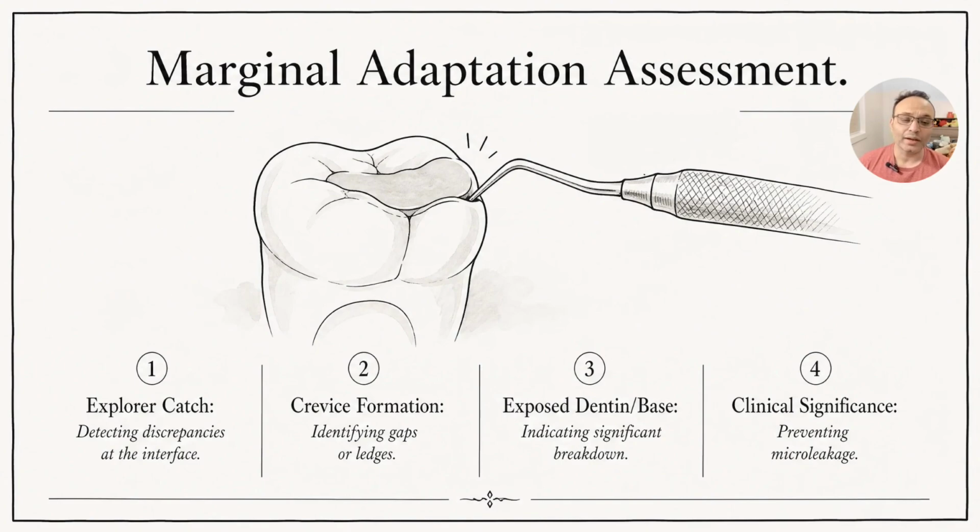Now, the goal here is to find out if there is any micro leakage, and that can be done by assessing the marginal adaptation.